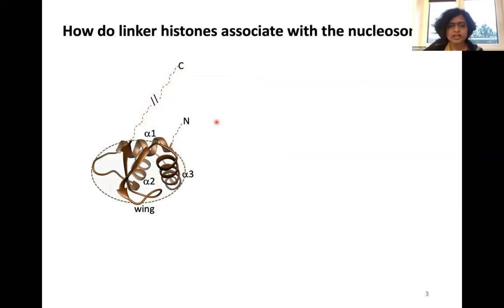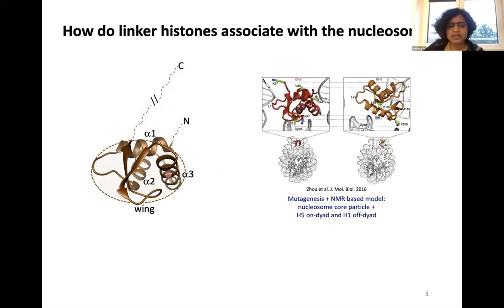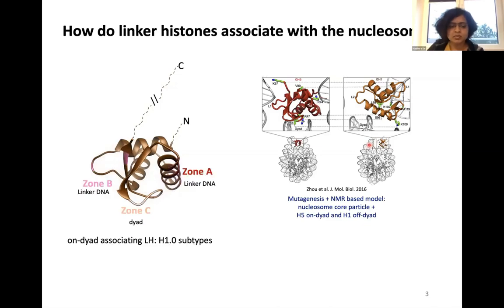The globular domain is highly conserved, and based on slight amino acid sequence differences, the globular domain associates either with the center of the nucleosome, which is also known as on-dyad binding, or with one or the other linker DNA, which is also known as off-dyad binding. We study this linker histone from the H10 subtype, which is an on-dyad binder. In an on-dyad binding mode, zones A and B interact with the linker DNA, and zone C interacts with the dyad.